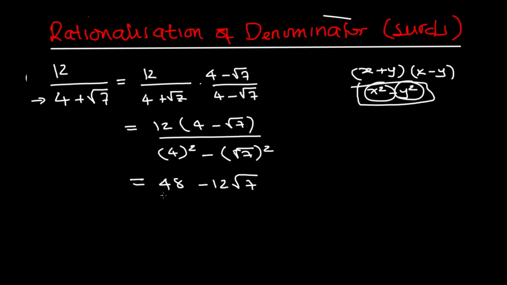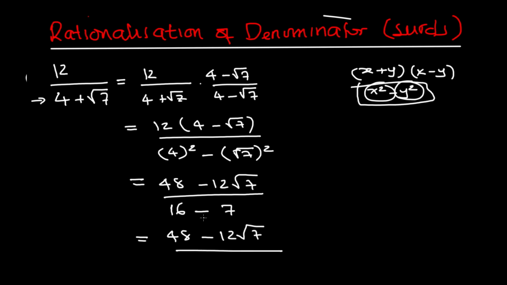What else do we do from here? We find the square of this. So that would be 16. And then here we say that we're not getting 49 there, we're going to get 7. So this is 48 minus 12 root 7.